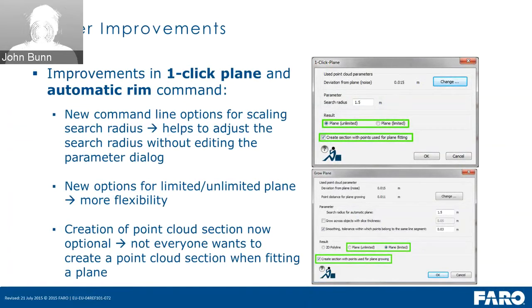I'll do the one-click plane and let the plane grow. For anyone who has not used this feature, it's very useful for being able to trace out a complete facade at its real shape. If you click anywhere on that wall, for example, it will take the plane and make it grow to trace that shape.